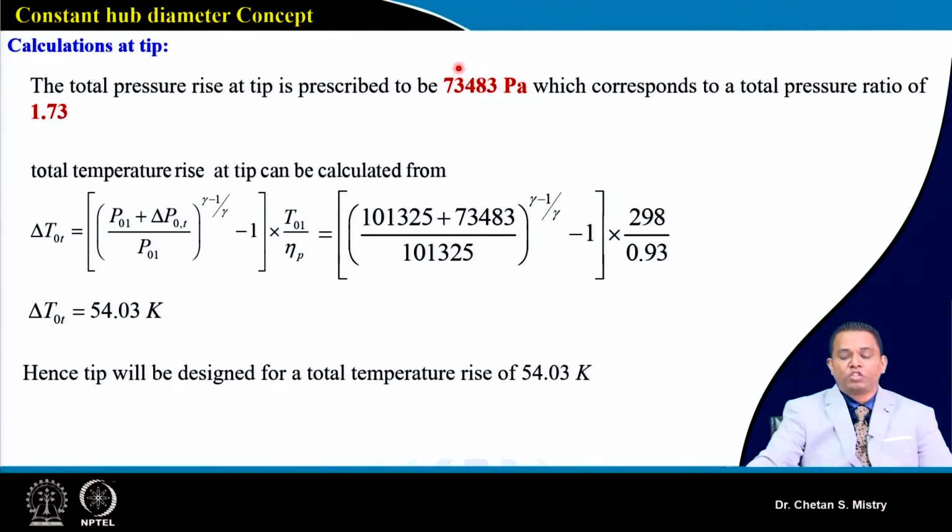For the tip station we can calculate our delta T0 based on our fundamental equation, and that's coming 54.03 Kelvin.